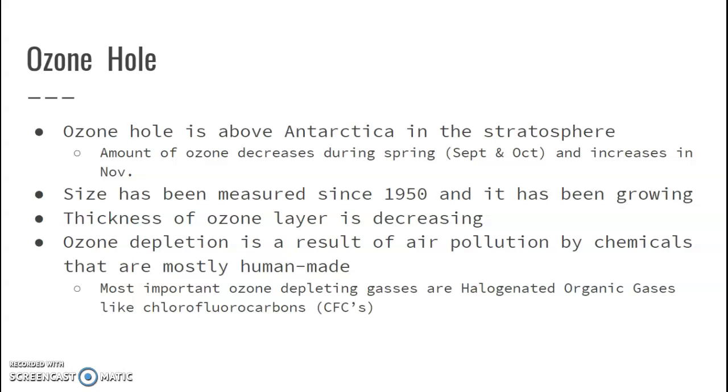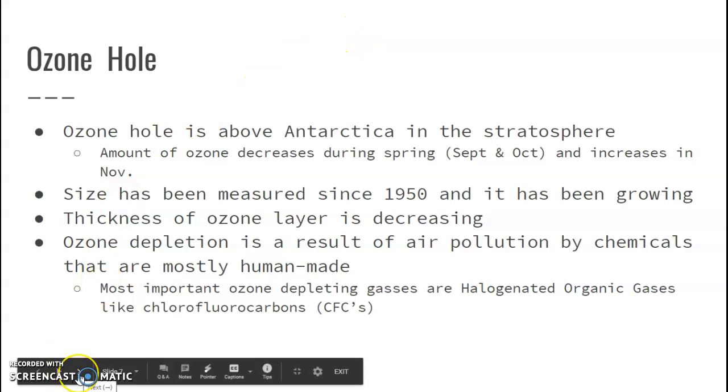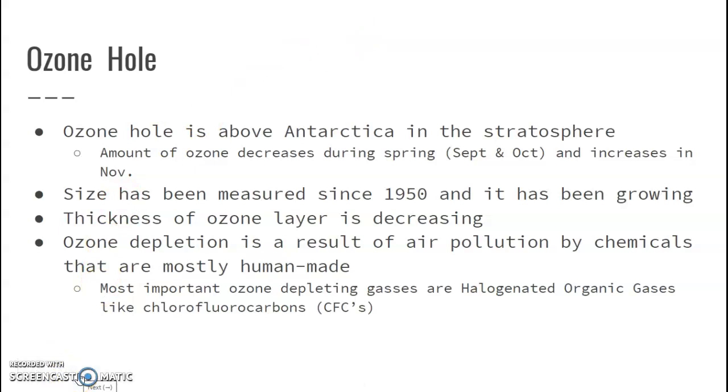Organic means that they have carbon in them, and obviously they're gases. CFCs, HFCs, and HCFCs are all part of the halogenated organic gas family.